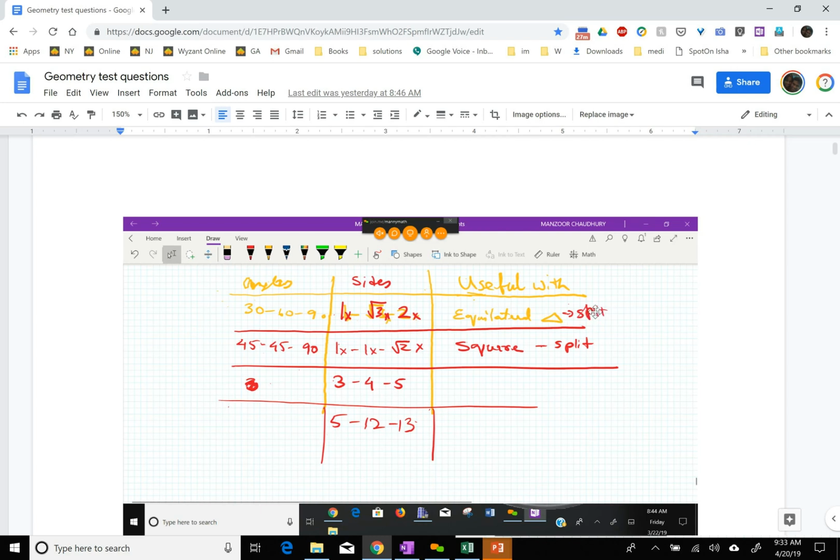Use it for an equilateral triangle. 45, 45, 90, use it for a square, and the ratio is 1x, 1x, root 2x. 3, 4, 5 has nothing to do with any of those. It's a different right triangle.